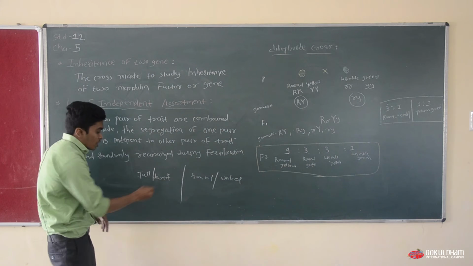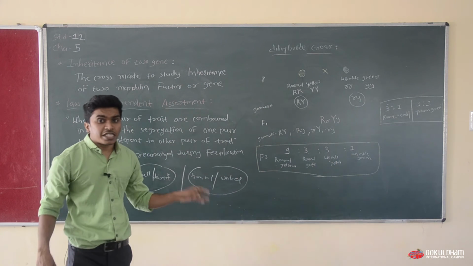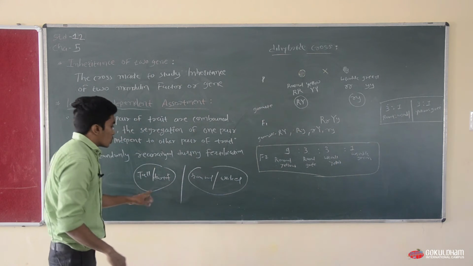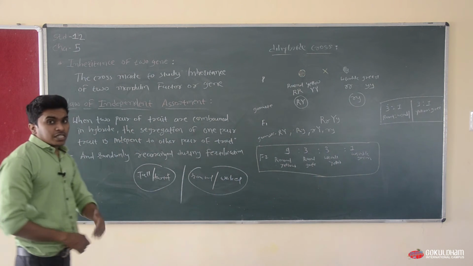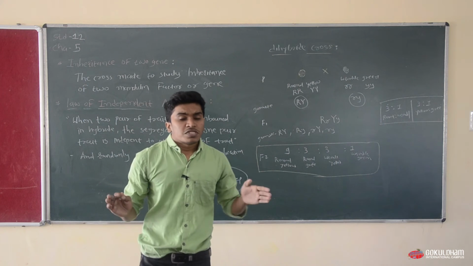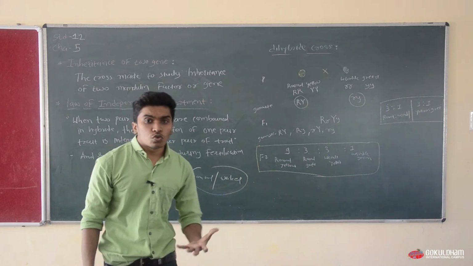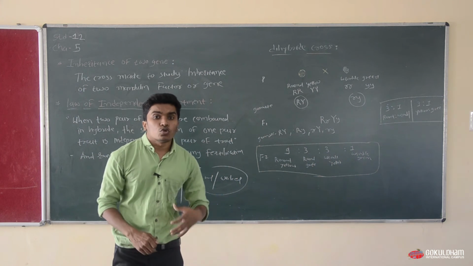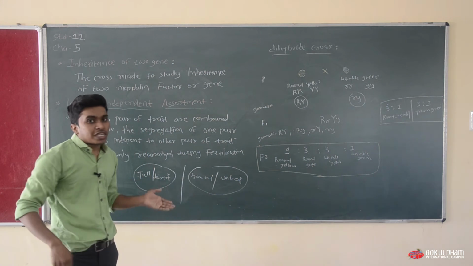So the alleles for both traits will segregate independently during gamete formation, and these alleles are rearranged during fertilization and form new, different combinations of traits or characters.